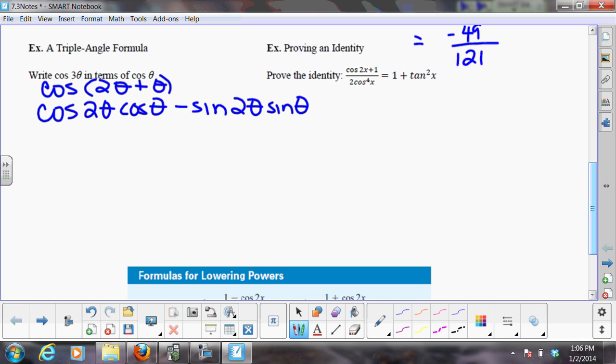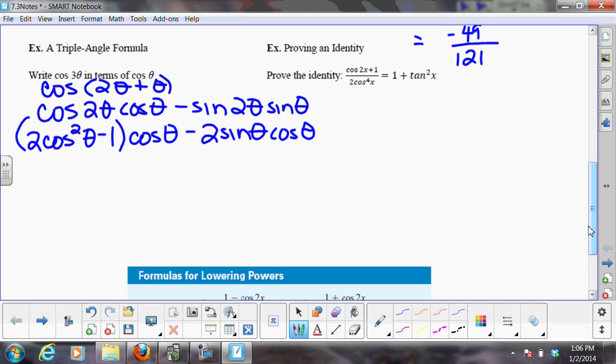For cosine 2 theta, I'm going to choose the same one as last time because we want it in terms of cosine only. So I'm going to change cosine 2 theta to 2 cosine squared theta minus 1, all multiplied by cosine theta. And sine 2 theta is 2 sine theta cosine theta, times sine theta.